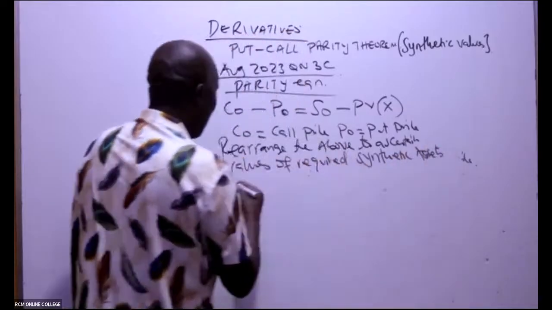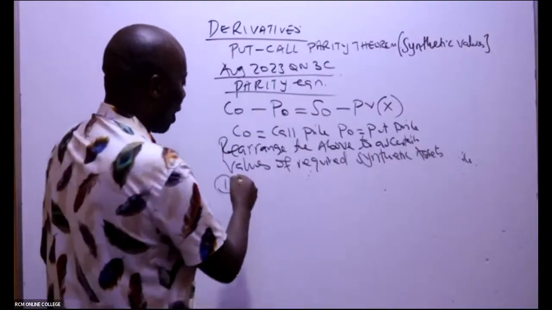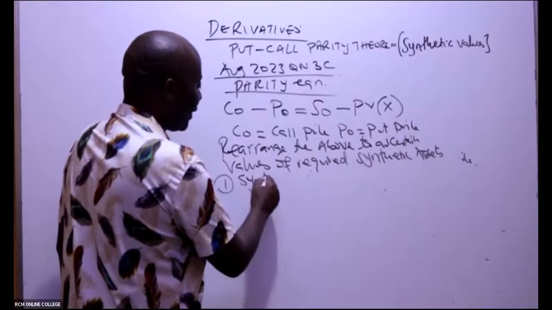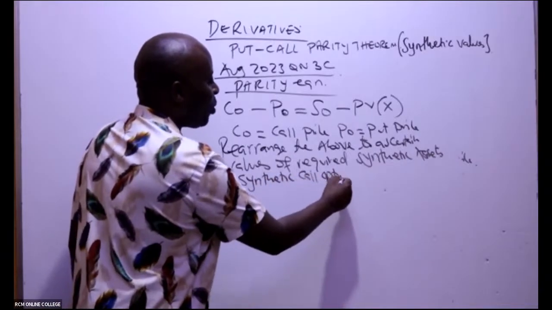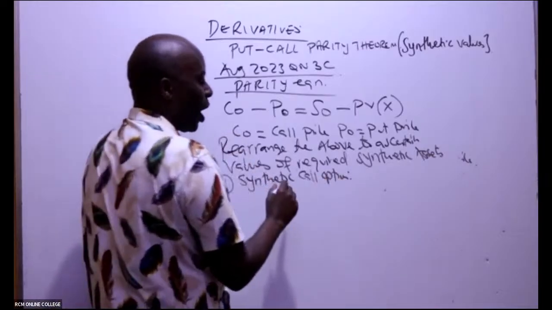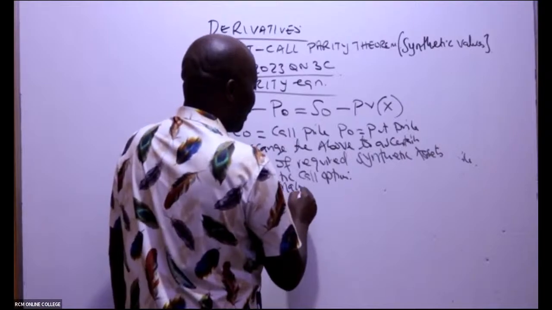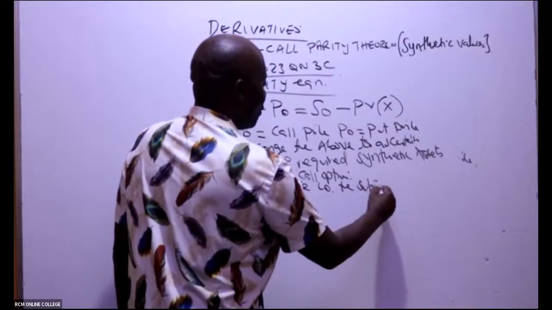Number one, they want us to give them the synthetic call option. The synthetic call option basically makes CO the subject of the formula.